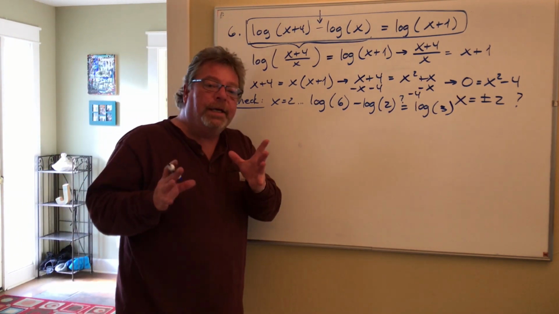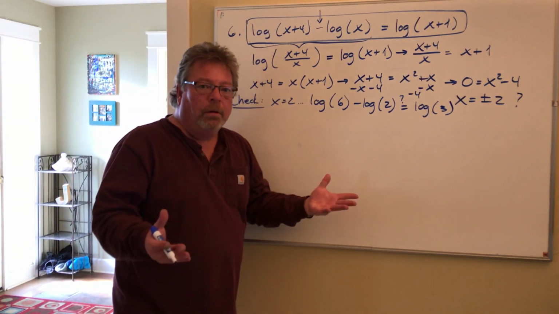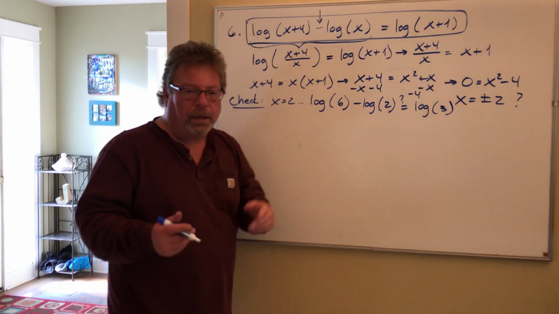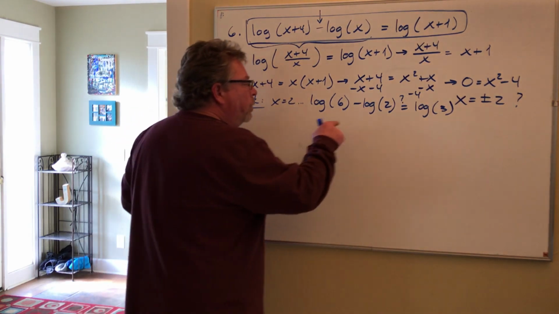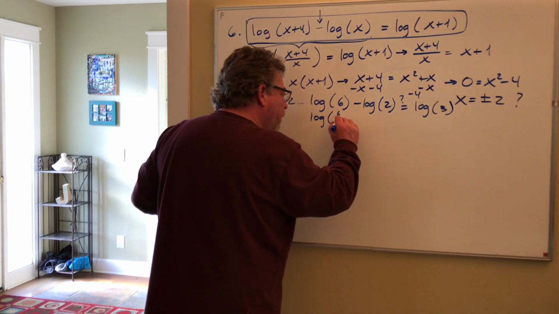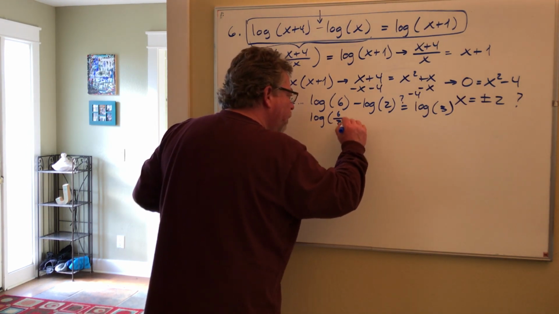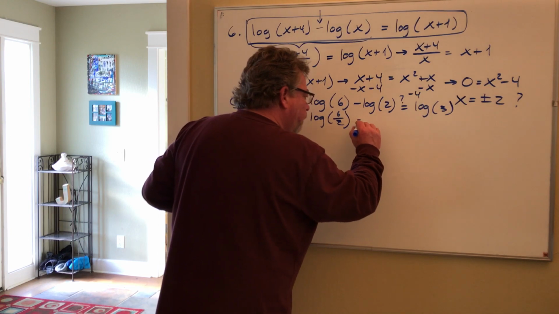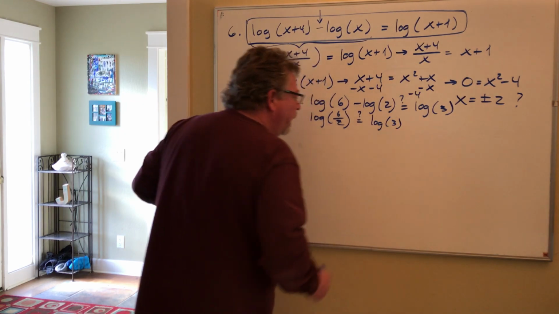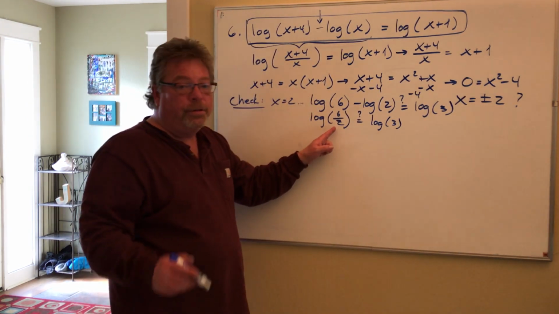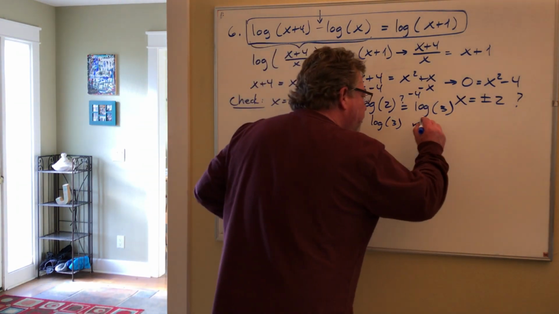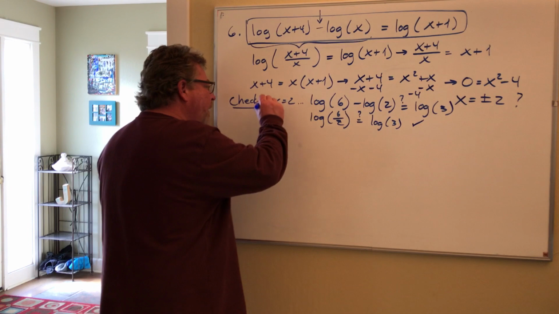The first thing is all of these logarithms pose no problem. 6, 2, 3, they're all in the domain of the common log. So I can combine these and say this is the log of 6 divided by 2. And I'm asking, is that equal to the log of 3? It should be pretty clear that 6 divided by 2 is 3. So this is log of 3 equals log of 3. That checks out. No problem.